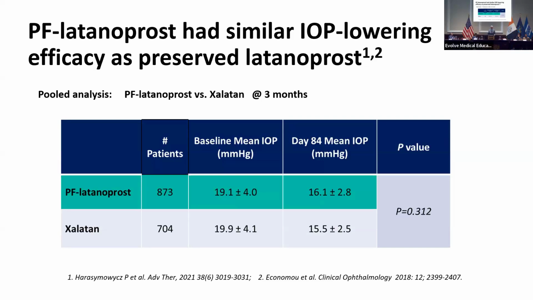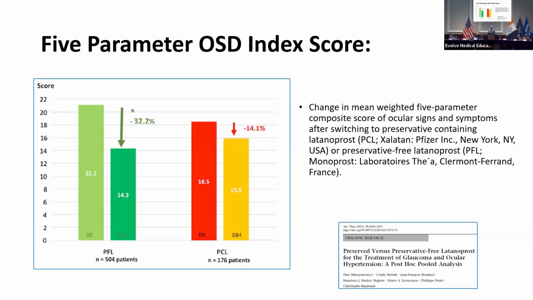There is a slight advantage to the preservative-containing Xalatan in terms of lowering IOP, as compared to preservative-free latanoprost. This same study looked at other parameters, such as the ocular surface disease index, identifying an improvement in ocular surface disease when patients were switched from a preservative-containing latanoprost to preservative-free.